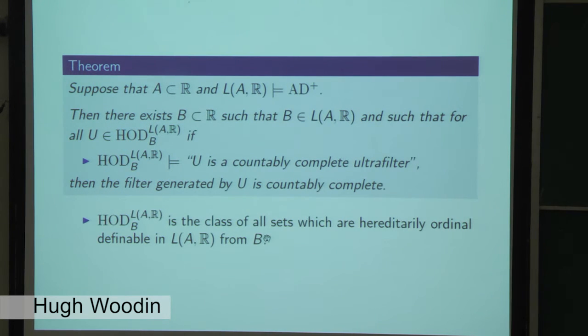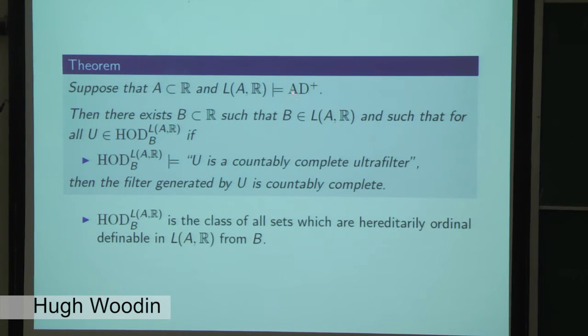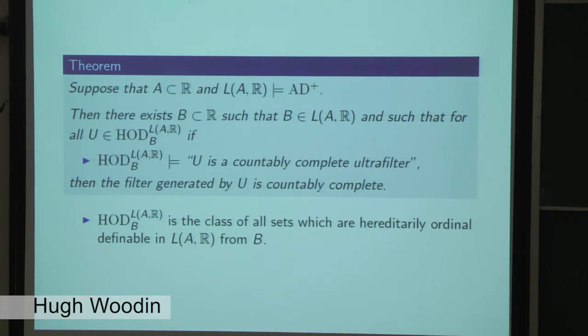And there's a little bit more evidence. It's misleading, but it just shows you that you can get non-trivial instances. Again, it's exploiting AD plus machinery. If you have in an AD plus model, if you enlarge HOD by going to HOD sub B for some B in L of A and R, then you get the HOD ultrafilter conjecture relative to the larger B. So you can always enlarge HOD so that every countably complete ultrafilter is countably complete.